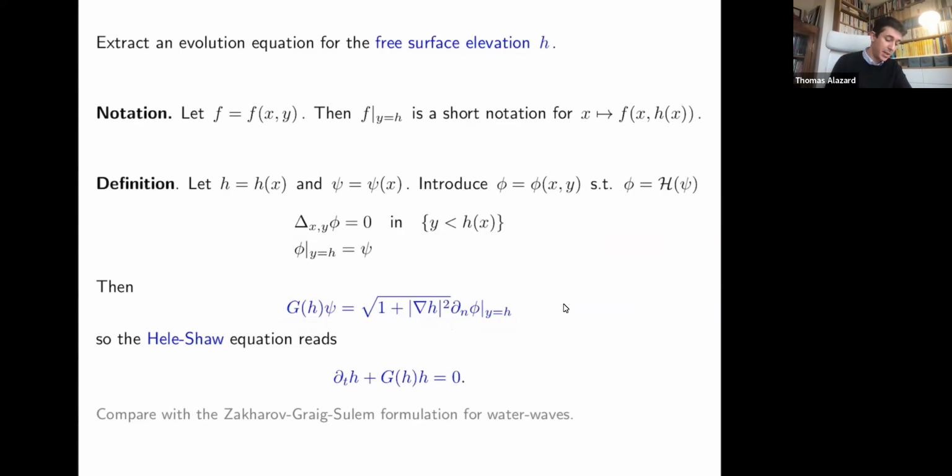Now, with this notation, the previous elliptic equation, V_n equal to minus d_n h of h, can be written in a very compact way: d_t h plus G(h) acting on h is equal to 0. You can compare this with the so-called Zakharov-Craig-Sulem formulation to study the water wave equation.